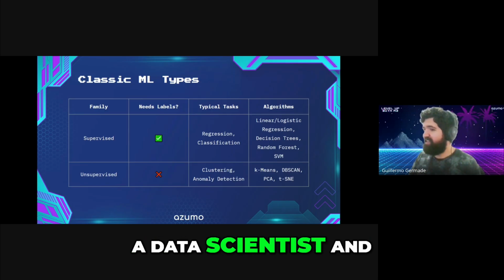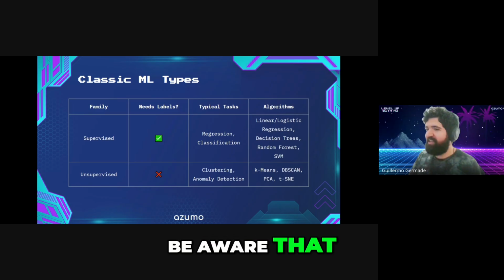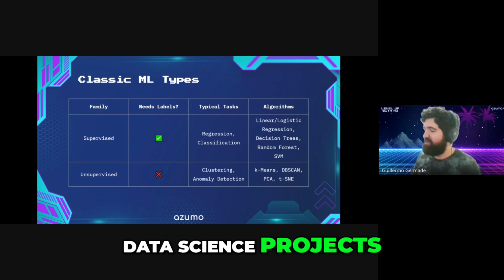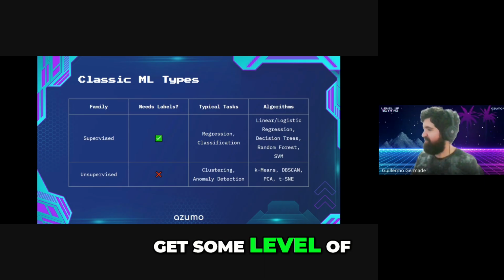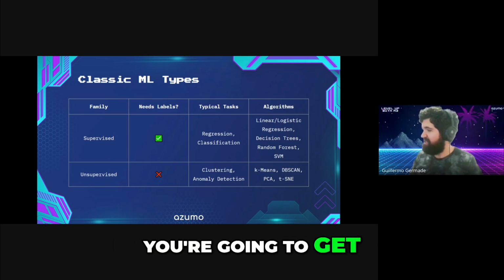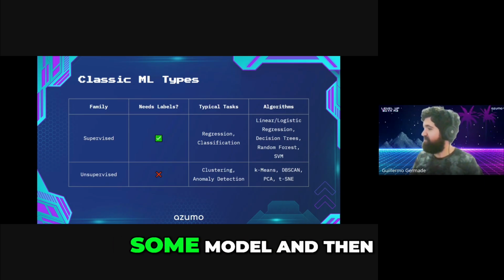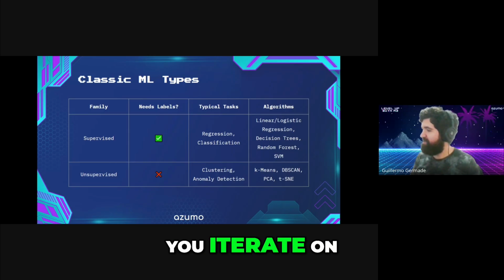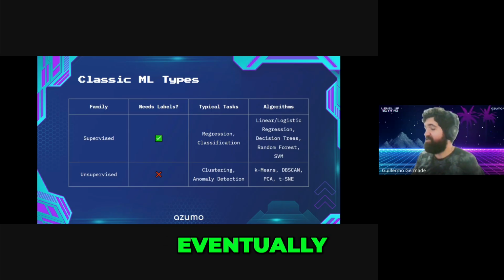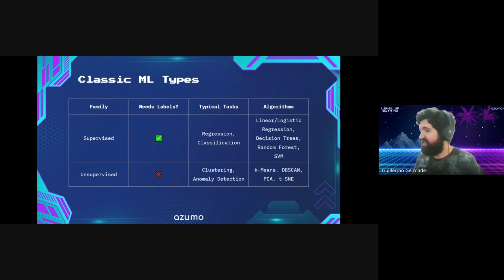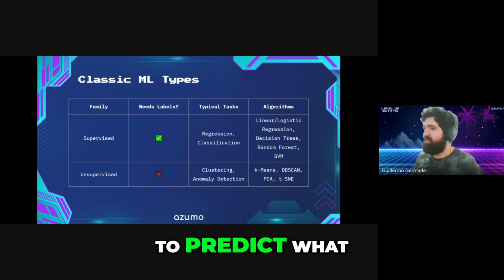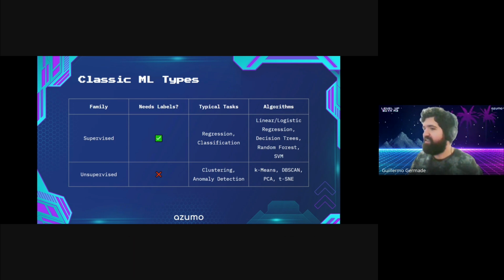So when you work with a data scientist, be aware that data science projects have one issue, which is that you expect to get some level of performance, but you don't know what you're going to get until you feed the data to some model, and then you iterate on that until you eventually feel satisfied or decide that the data you have is not good enough to predict what you're trying to find.